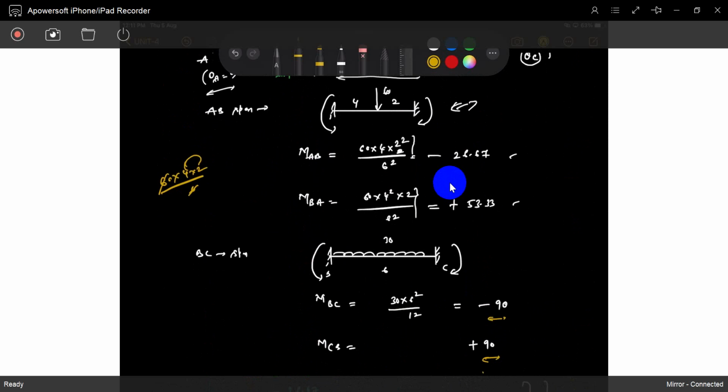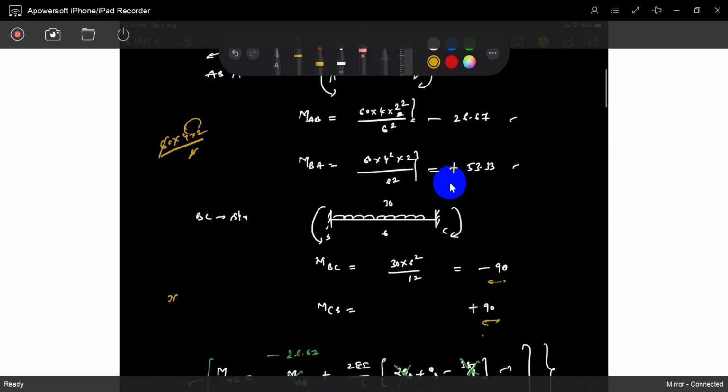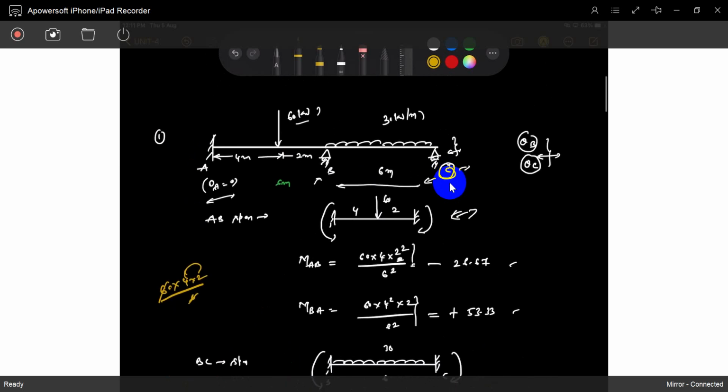Half of the 90 is 45. So MBC modified is 90 plus half of the 90, which is 135, minus 135. Sir, why is it so? Directly you can write 3 by 2 of 90, but it's somewhat different. If you see here, it's a 26 and a 53, so that's why I write it like this. It's 26 and half of the other end comes into the picture.